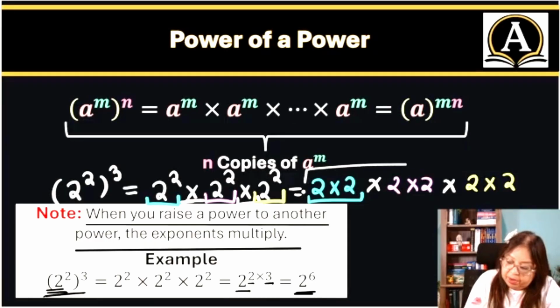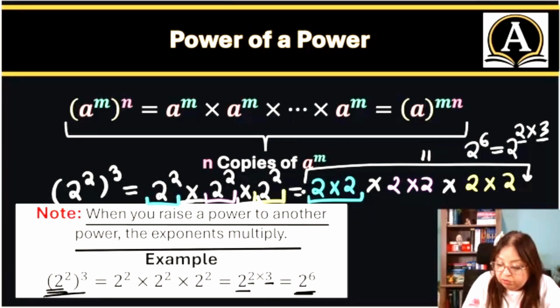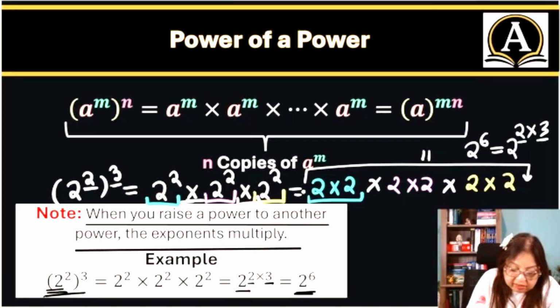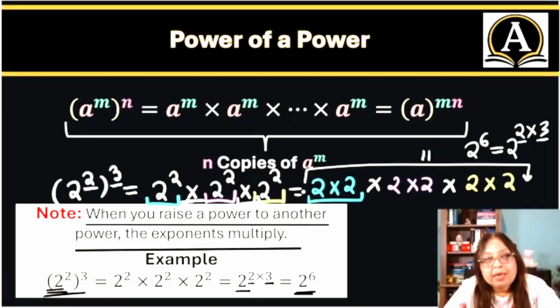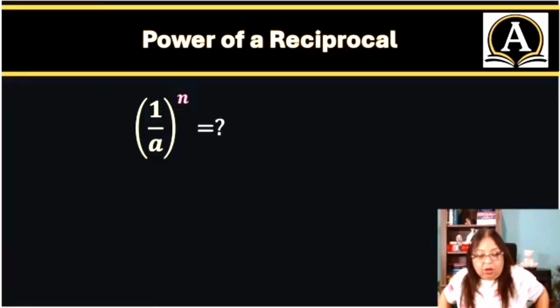So here you go. How many 2's are multiplying each other? 6 2's. So this is equal to 2 to the power 6, which is same as saying 2 to the power 2 times 3. And this 2 and this 3 are these exponents over here. Made sense? I hope so. Moving on to the next slide.